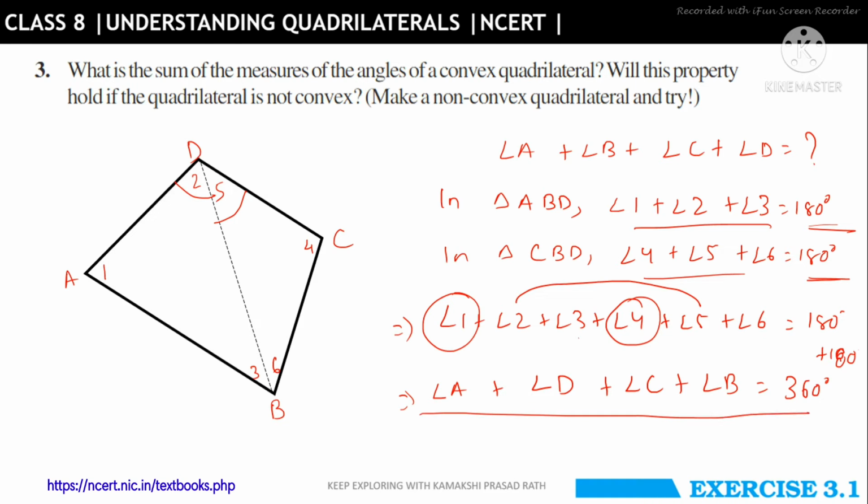Hence we can see the sum of the measures of the angles of a convex quadrilateral is 360 degrees. Any convex quadrilateral you take, when you add the 4 angles, you will always get 360. So remember, the sum of the angles of a quadrilateral is 360.